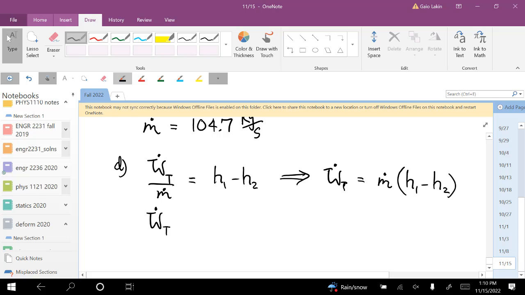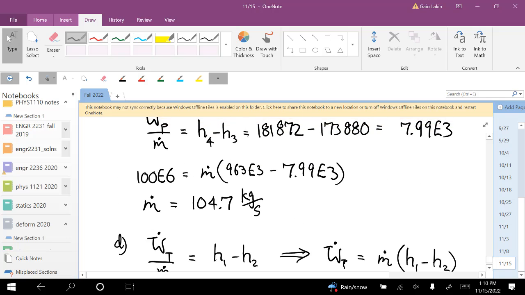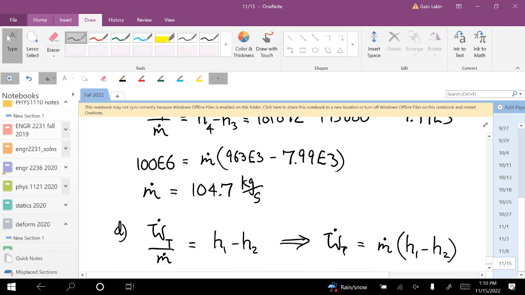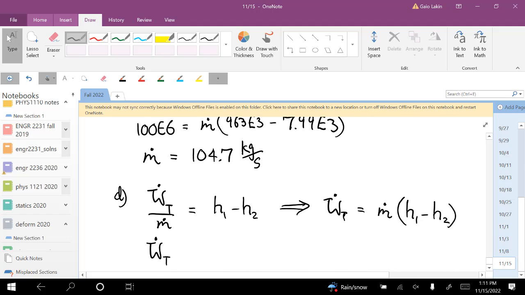And so W sub T dot is... that's not what I'm looking for. I'm doing the wrong thing. I think it's the heat. Yeah, I want the heat. It's the same kind of approach, but we want the heat at the boiler. Sorry about this.